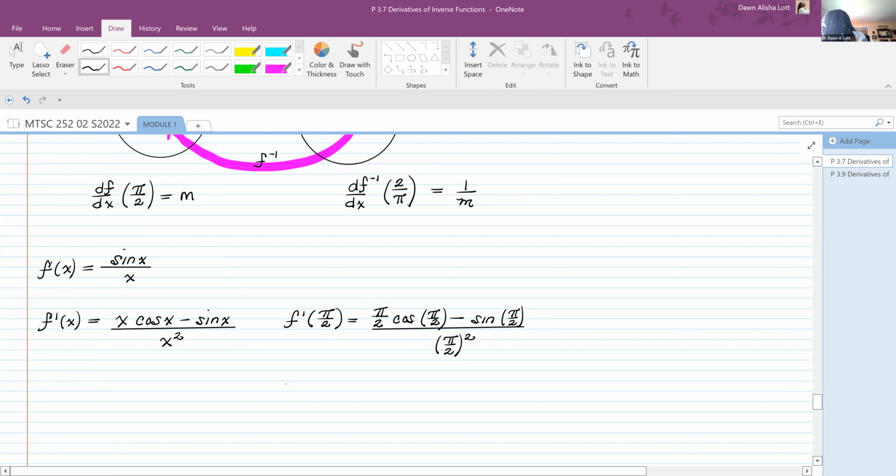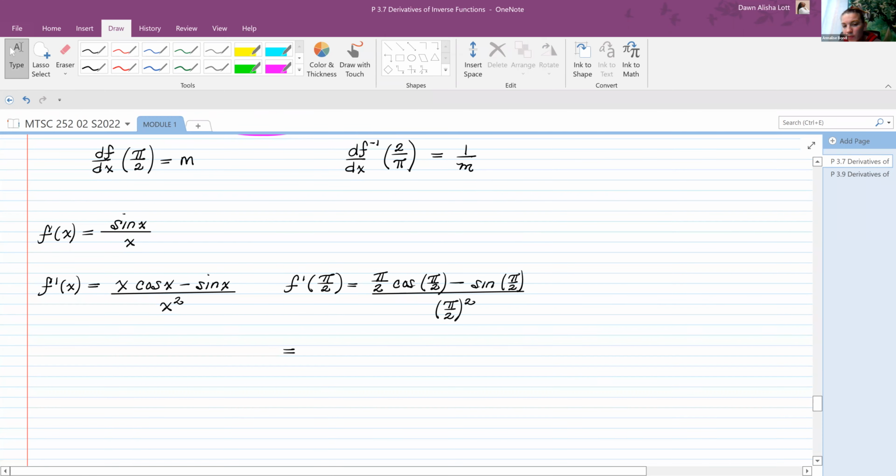So it'd be 0 minus 1, all over pi squared divided by 4. So then that would be negative 1 divided by pi squared over 4, and then that would equal negative 4 divided by pi squared. Don't forget your negative. Cool. All right, that's it. Negative 4 divided by pi squared.